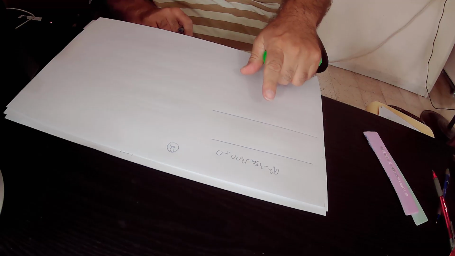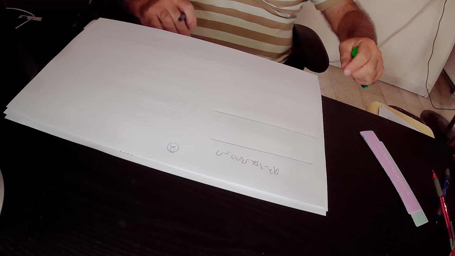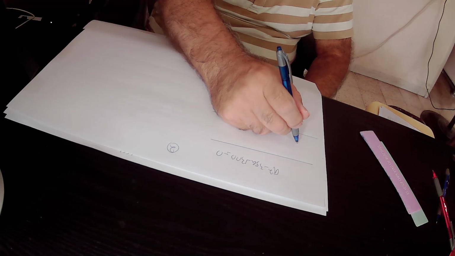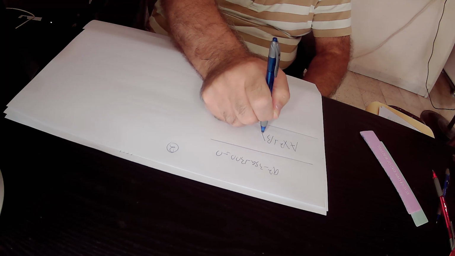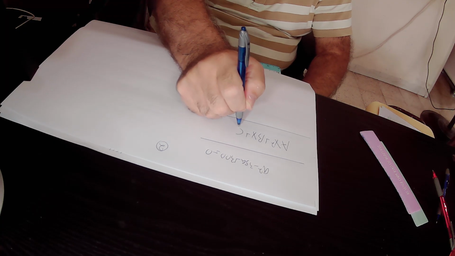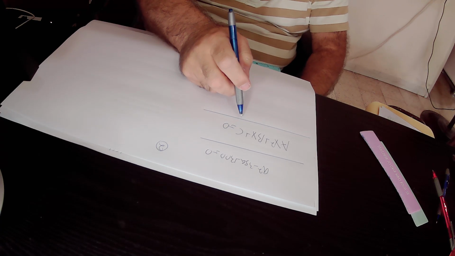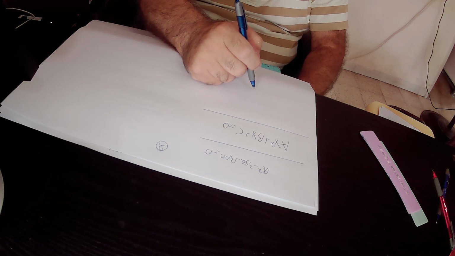So really, this is a quadratic equation, and the general form of a quadratic equation is ax squared plus bx plus c equals 0. In this general formula, a, b, and c are the coefficients of the quadratic equation, and x is the variable that we are looking for.